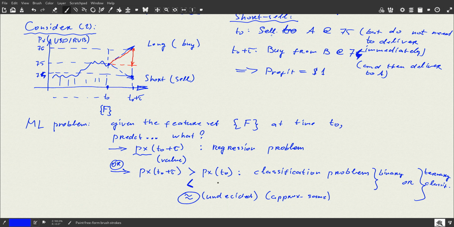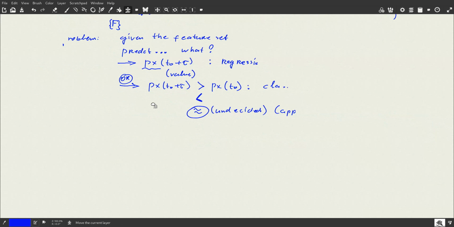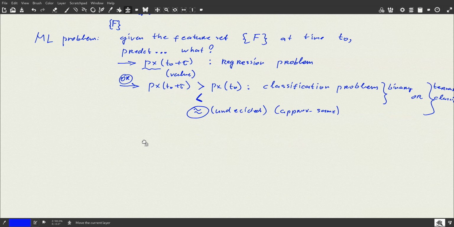So yeah, there could be a classification like this. So taking fees into account, you are probably interested not in just this type of ternary classification, greater than or smaller than or undecided approximately same, but you probably want a better classifier.